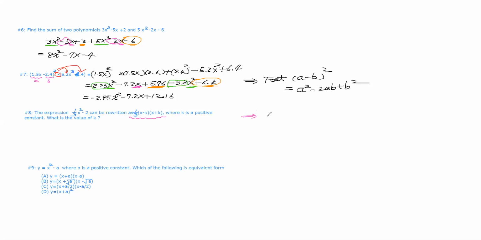They try to test you on the formula we just reviewed: a squared minus b squared is equal to (a minus b) times (a plus b).